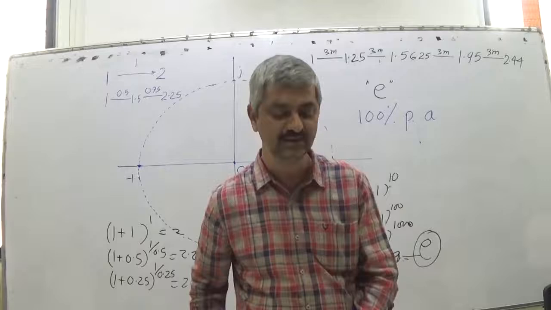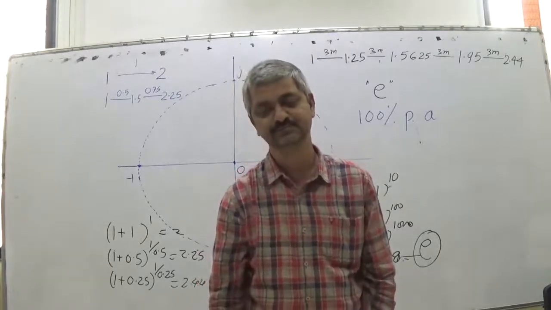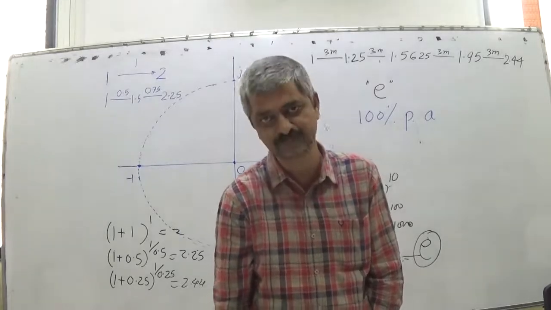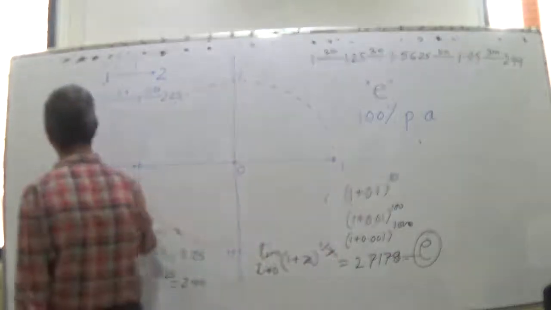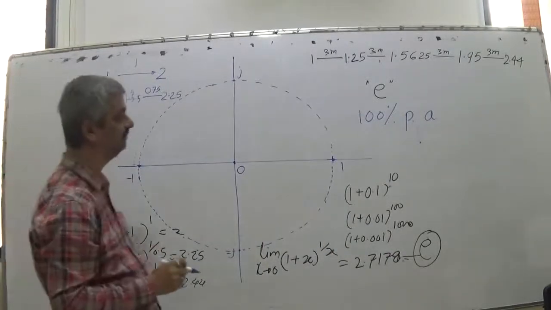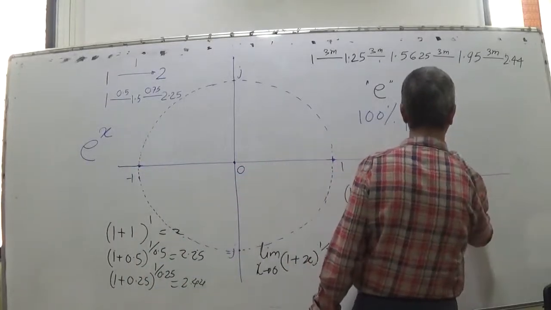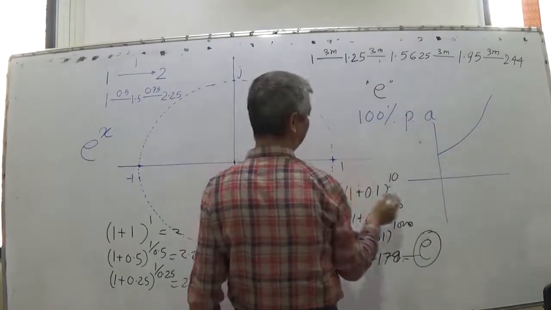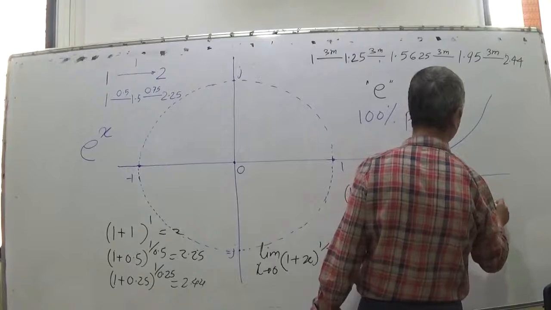So this is the number E. E has a very peculiar property: E raised to x is a unique variable where its derivative, f dash x, equals f x.